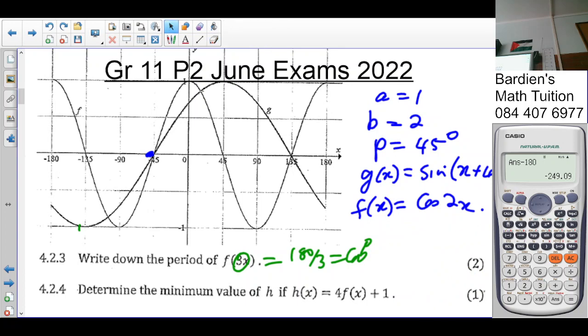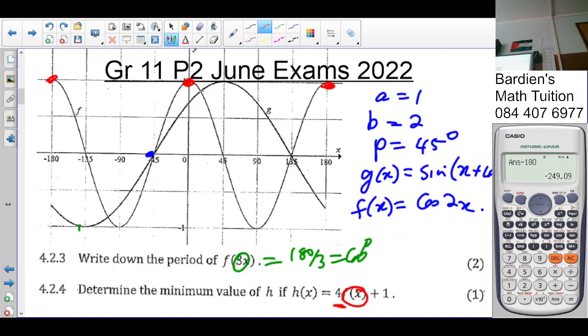Then the next question, determine the maximum value of h of x. So h of x is equal to 4 f of x plus 1. So what is the maximum value of f of x? Maximum is 1. So what effect does that 4 have in front of it? The amplitude, the graph is stretched, enlarged by a factor of 4.